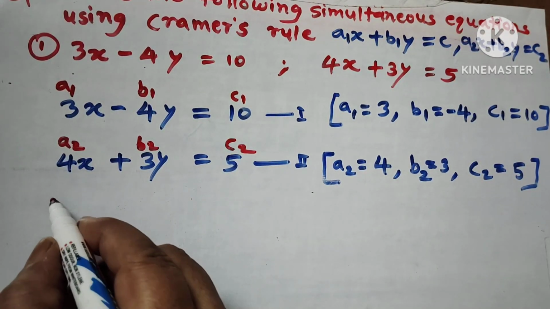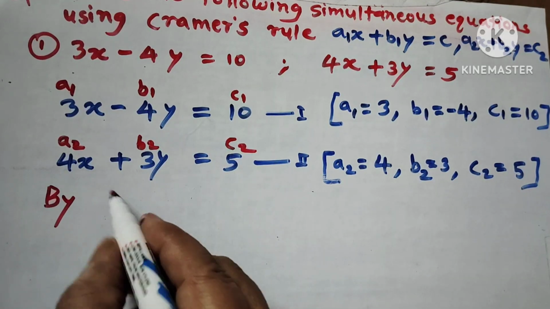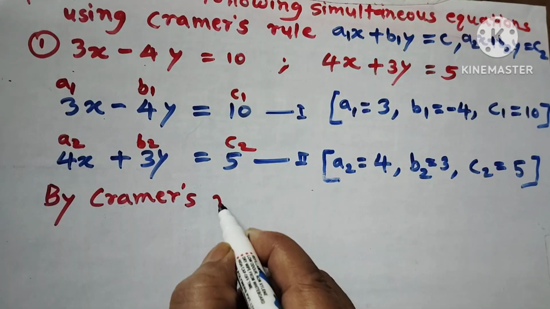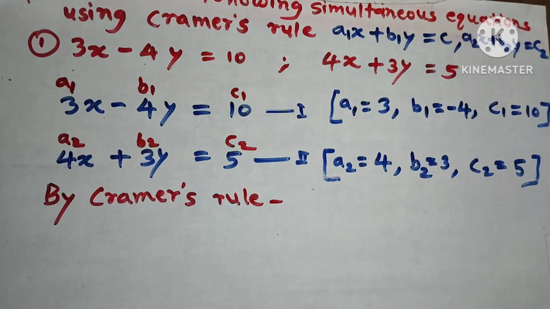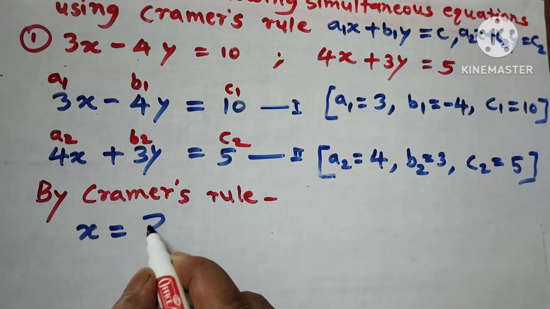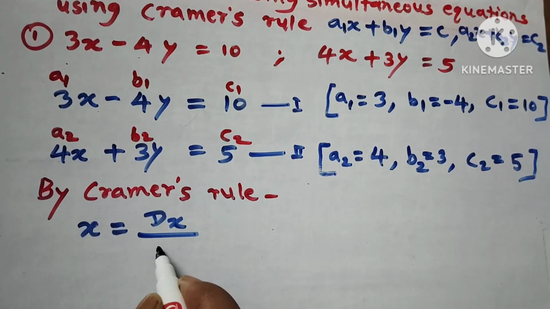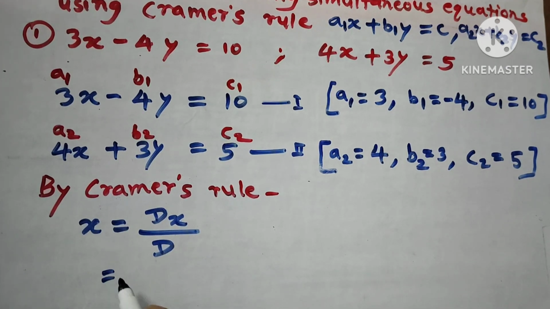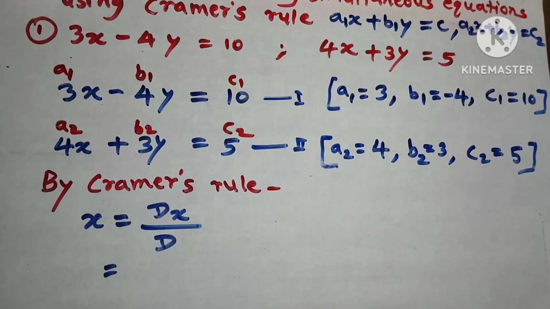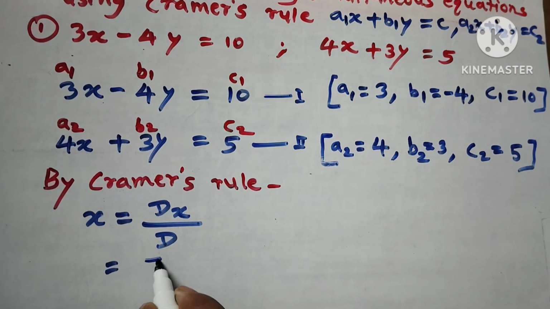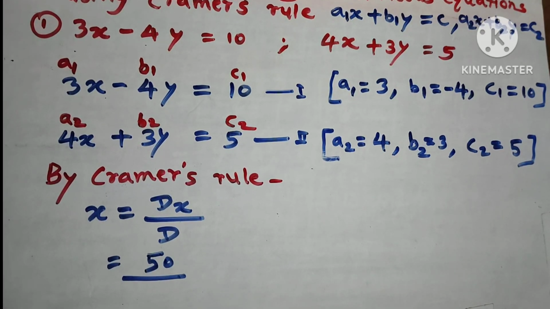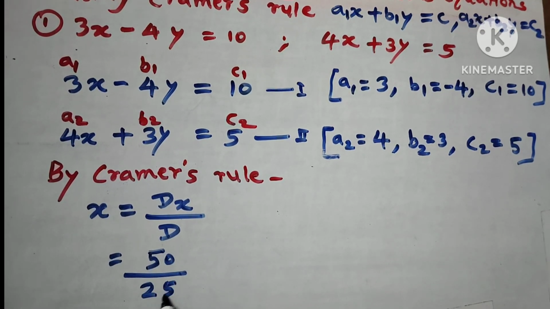By Cramer's rule, x is equal to Dx upon D, is equal to value of Dx 50 upon value of D 25.